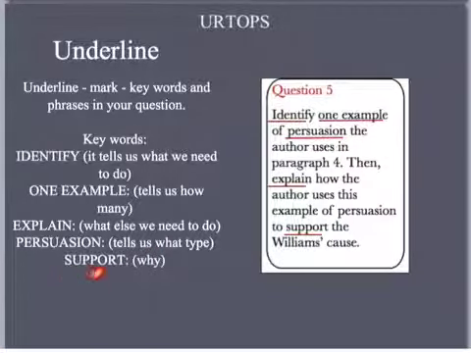And I also underlined support because this tells us why. All of these key words are words that we're going to focus on to help us answer the question. Words like identify and explain are known as performance verbs. Performance verbs are key words that tell you how you need to answer the question or the prompt.